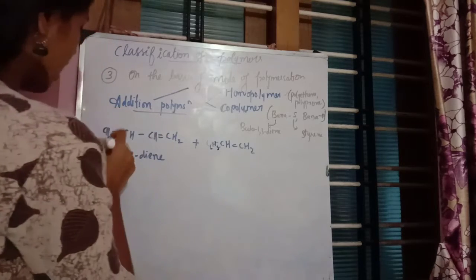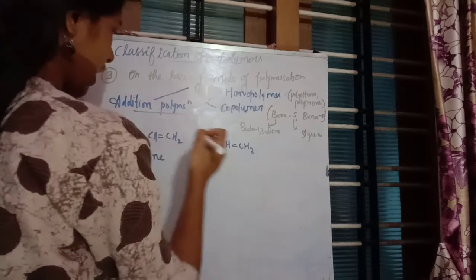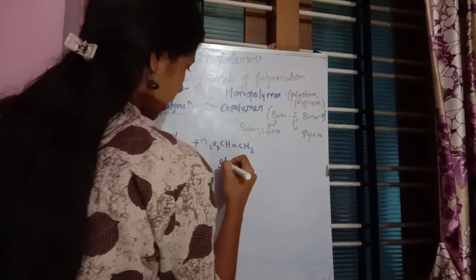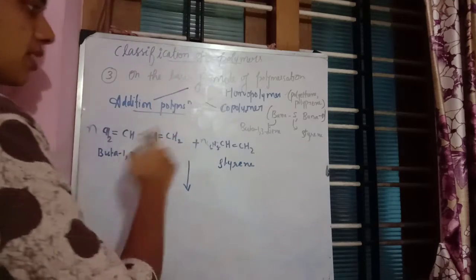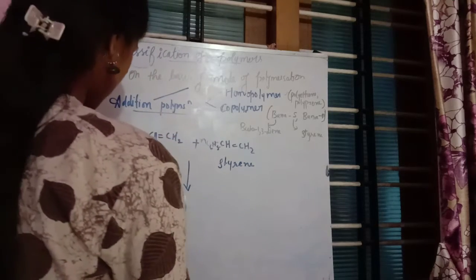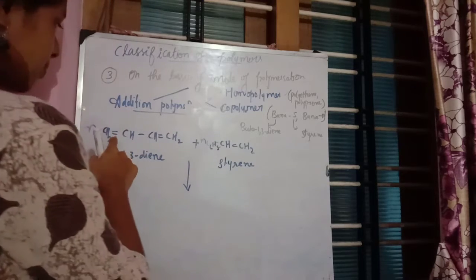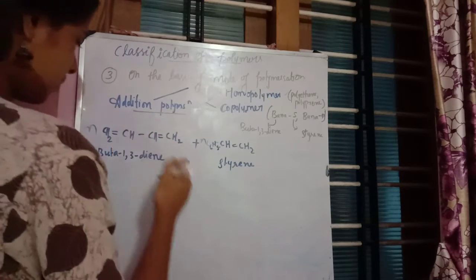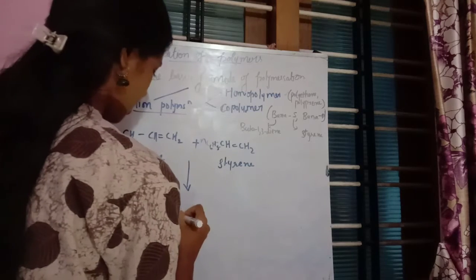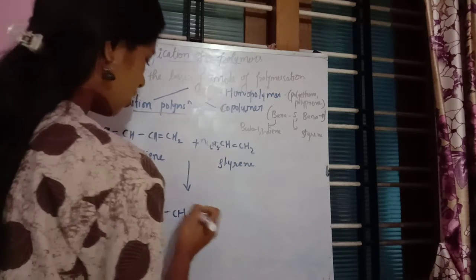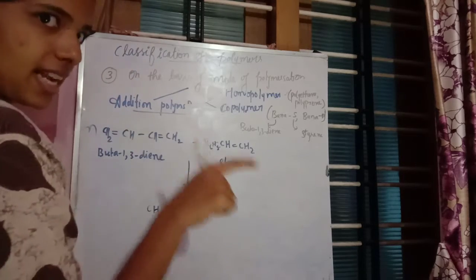Now I want to take n number of monomers, right? Here also n buta-1,3-diene and n number of styrene. These two different monomers undergo polymerization reaction, and I can write the polymer here. Please remove this double bond. Fine. CH2 single bond CH, that double bond will come here because each carbon's valency should be satisfied. Fine.